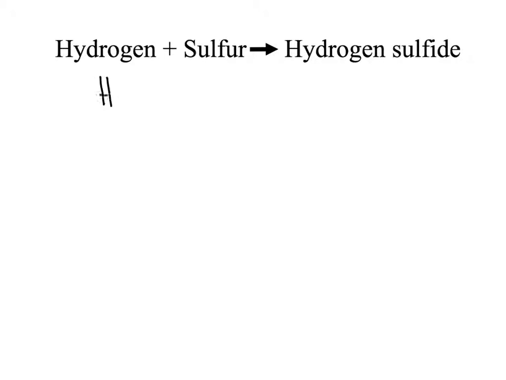So hydrogen is found as H2. Sulfur is an element, and it's forming hydrogen sulfide, which, if we look up hydrogen on the periodic table, forms a +1. Sulfur forms a -2. All right.